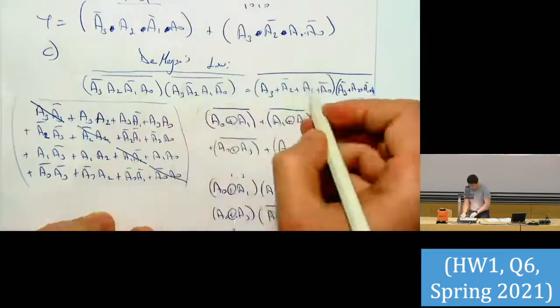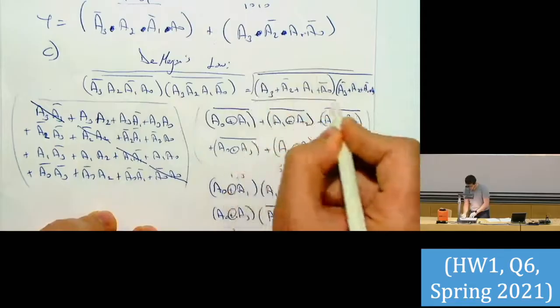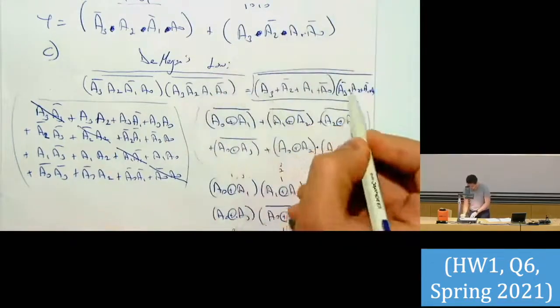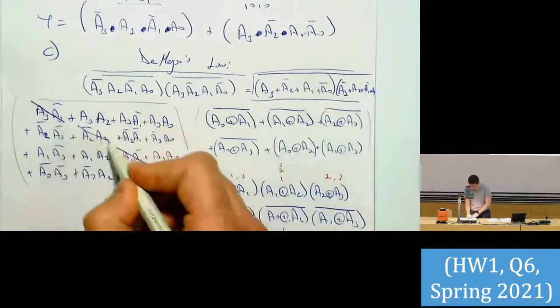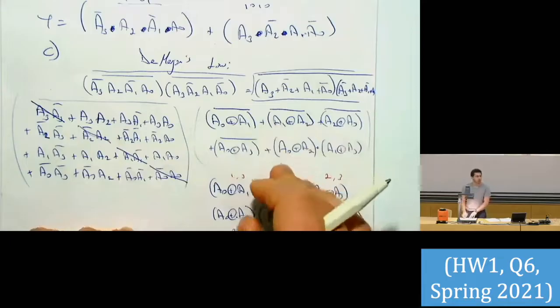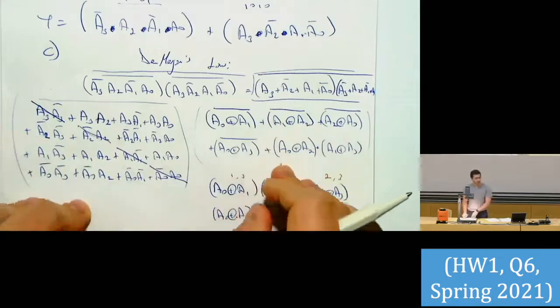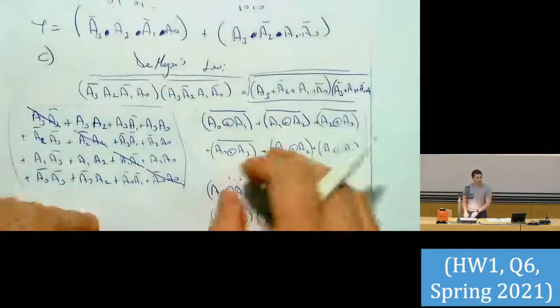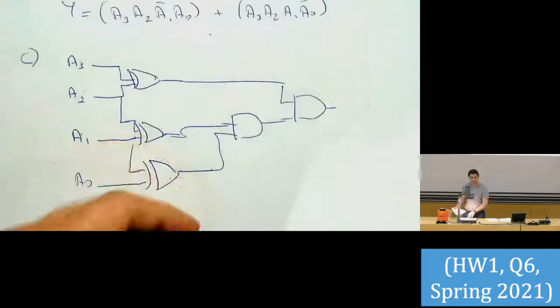When you take the De Morgan, you will have something like this. You can distribute those in such a way that all of these will be cleared, and the rest will give you some bunch of XNORs and XORs, and some of the XORs or XNORs will be implicitly included in other XORs, and then you will also end up with the same circuit.